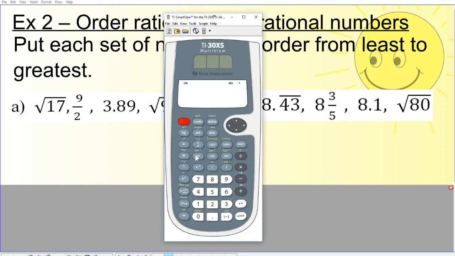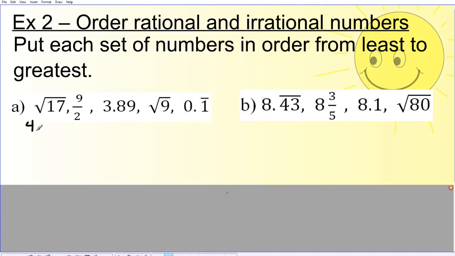So square root of 17 is 4.123. Okay? I doubt I need all those decimals, but I'll go that far, I guess. Okay. I know what this is as a decimal. That's 3.89. I know what this is as a decimal.